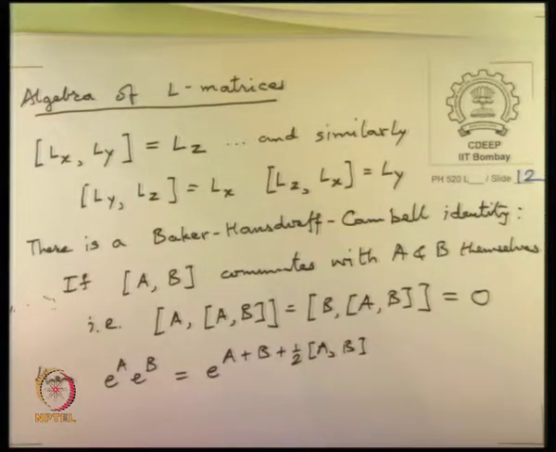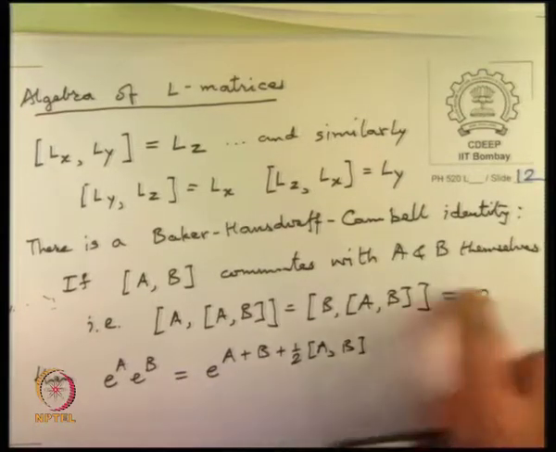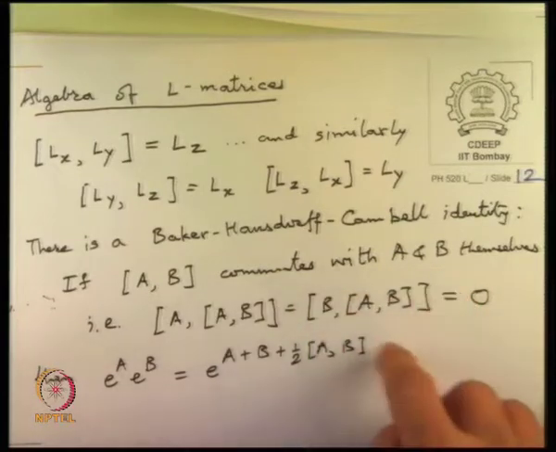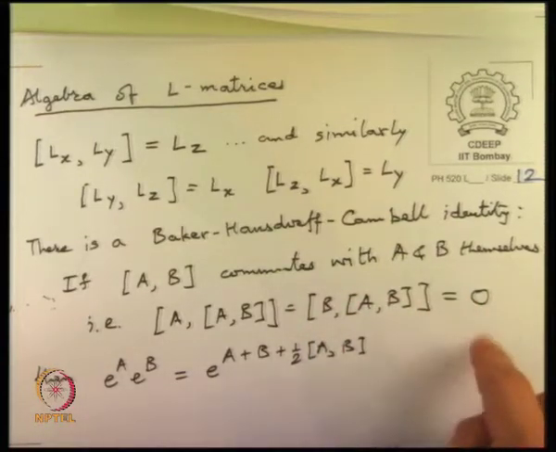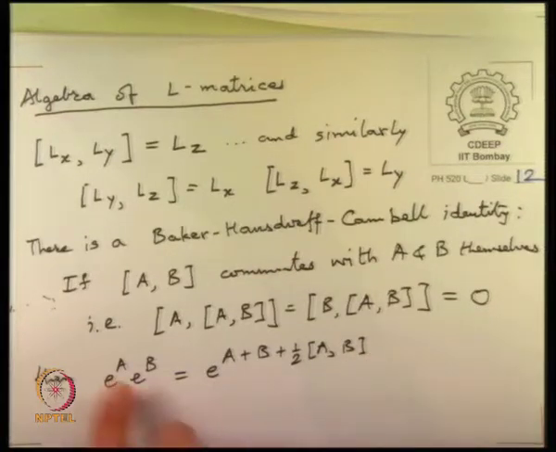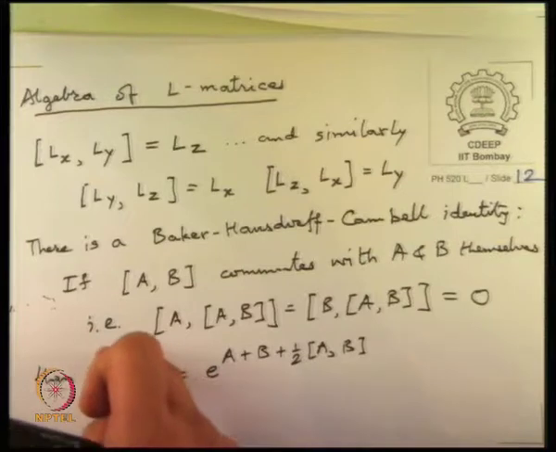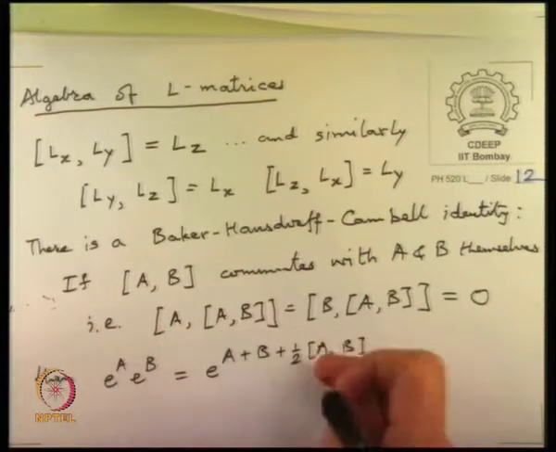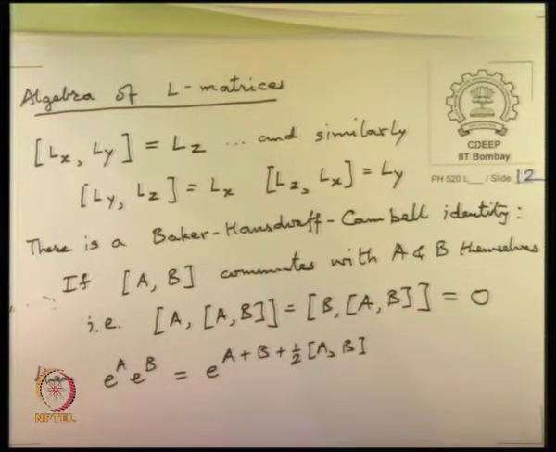So it turns out this is the first step. If this is not satisfied, if they don't commute, then you accumulate more terms in the exponent: a commutator with a commutator, b commutator with a commutator, etc. But the point is that because of the matrix exponent, the exponents are not going to add. That is the main thing.